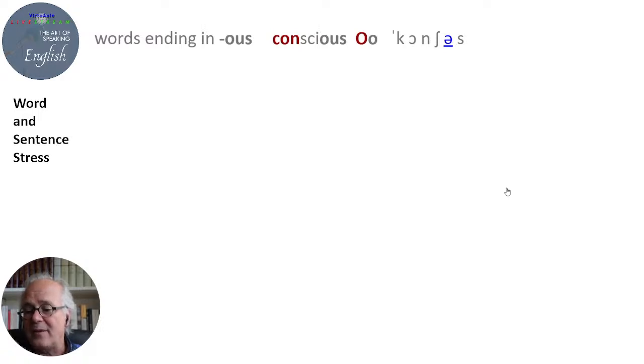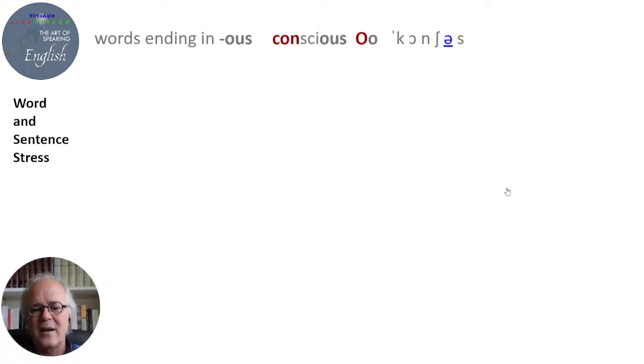Okay. Another time you can see that we have words that finish with certain suffixes, and these suffixes can represent a schwa sound. And this is very useful because you can look at this as a pattern, okay? And it's very common in words that end in O-U-S, words like conscious.